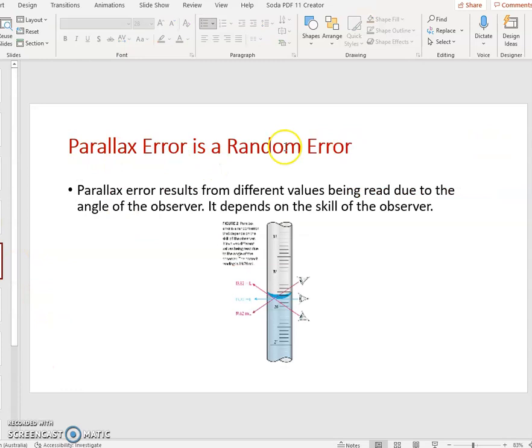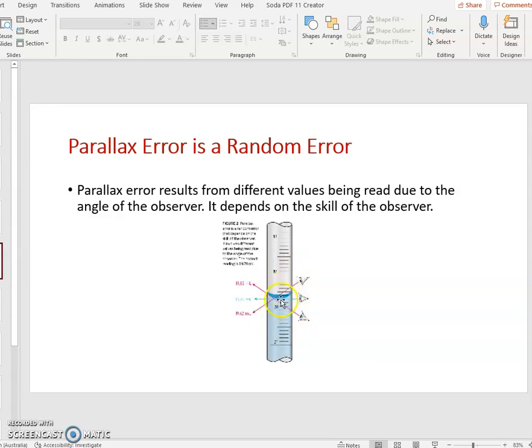So an example of a random error is one we call a parallax error. It's like how you read the measuring cylinder. It depends if your eyes are like here, or up the top looking down, or at the bottom looking up. Because of the angle of the observer, where the meniscus is going to affect what the actual measurement is.